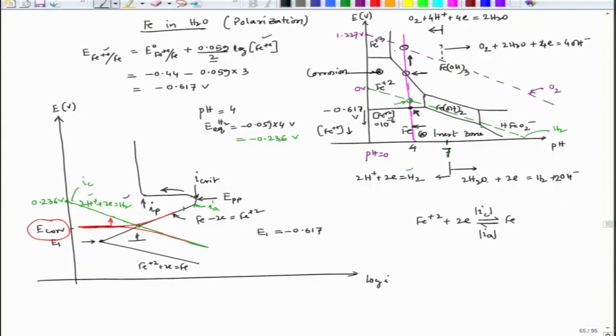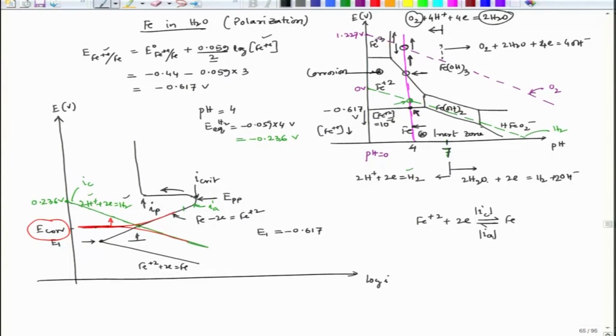So, below this potential we have water as the stable phase, and beyond this potential oxygen should evolve.